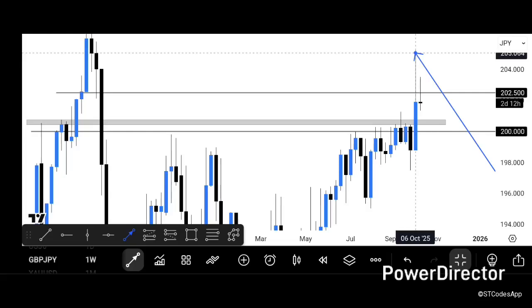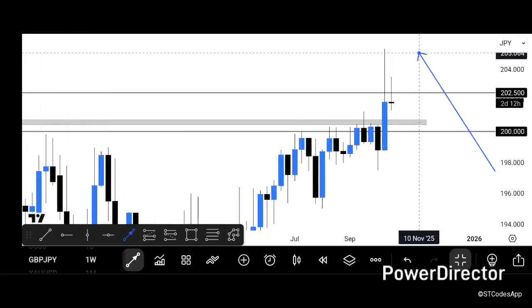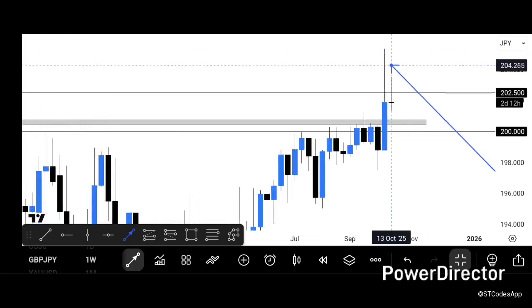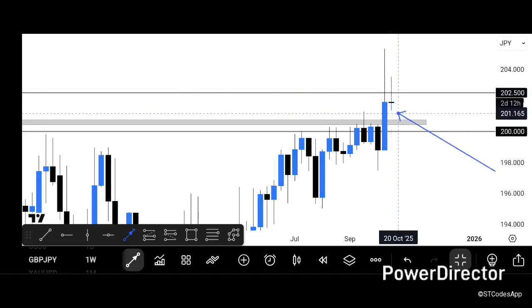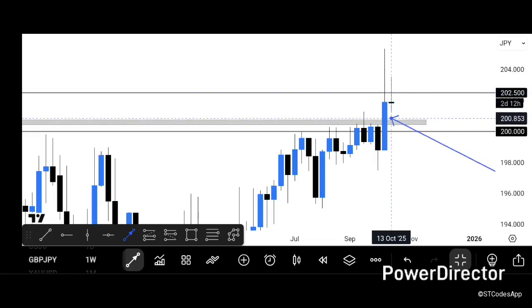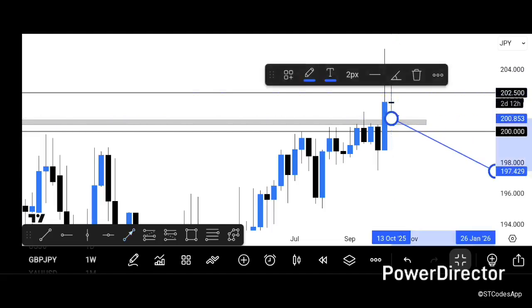Price moves in a bullish market in a higher high, higher low, higher high, higher low format. So now since we've had a higher high, price is going to come back to try to make a higher low zone.